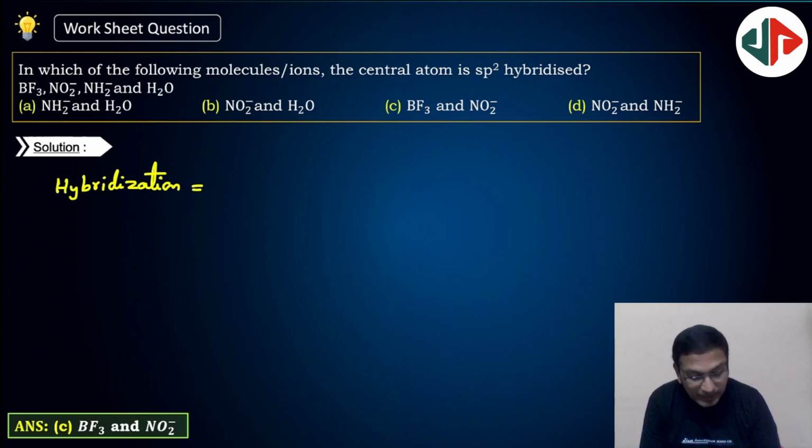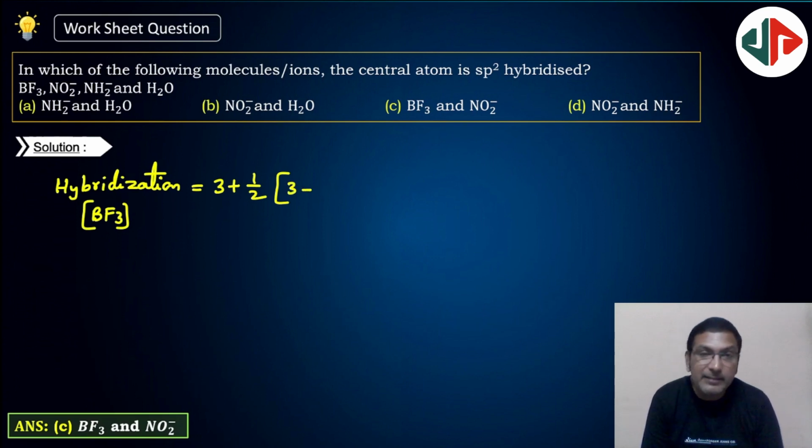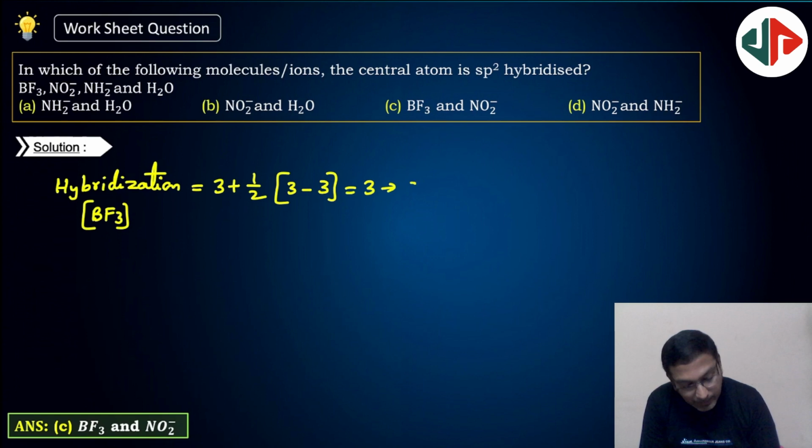I am calculating for BF3. Number of surrounding atoms 3 plus half into group number of central atom 3 minus valency of central atom with respect to surrounding atoms. Number of fluorines equal to valency, that is 3. Therefore 3, hybridization sp2.